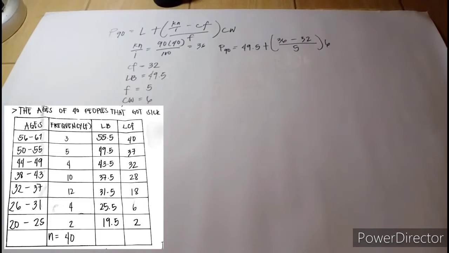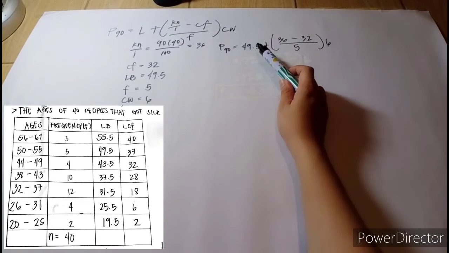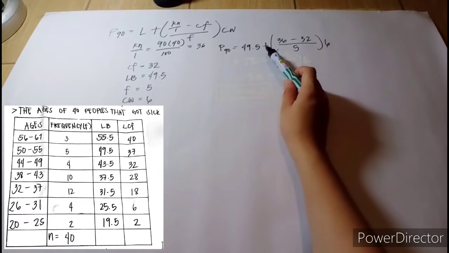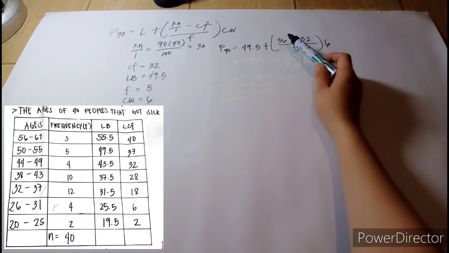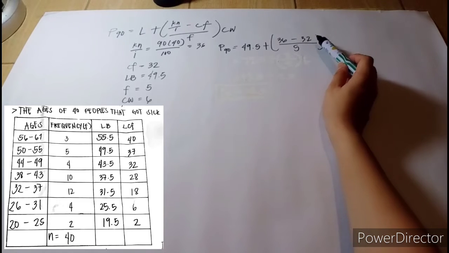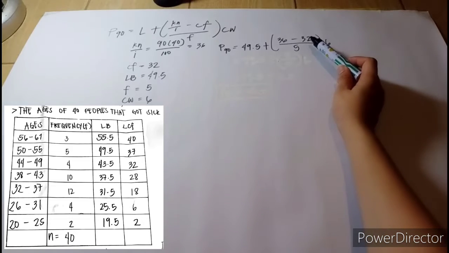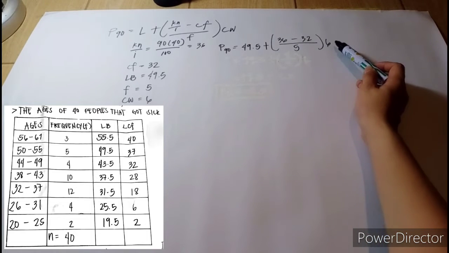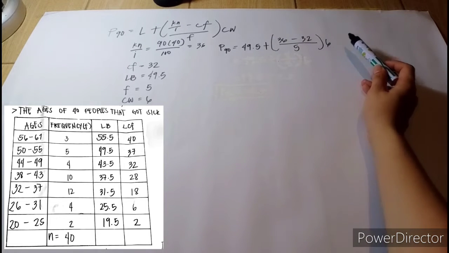Then substitute. So 49.5, the lower boundary, plus 36, which is the Kn over I, minus CF 32, divided by the frequency, which is 5, times CW, which is 6.